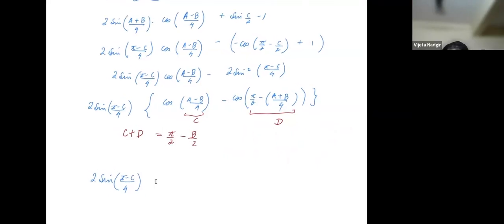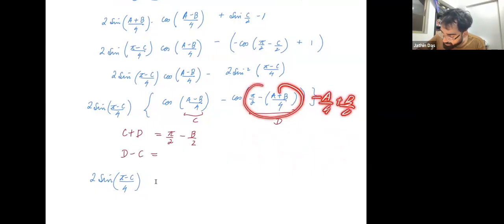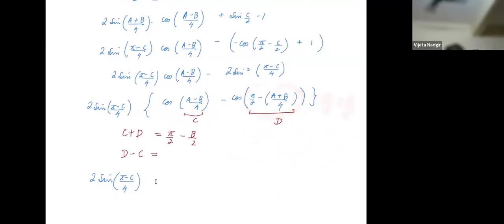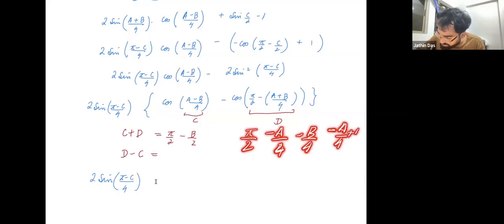हाँ. Sure? Okay. Now D minus C क्या होगा? उल्टा आएगा देख. ये minus A by 4 plus B by 4 आएगा. Correct. So pi by 2 minus A by 4 minus B by 4 minus A by 4 plus B by 4.